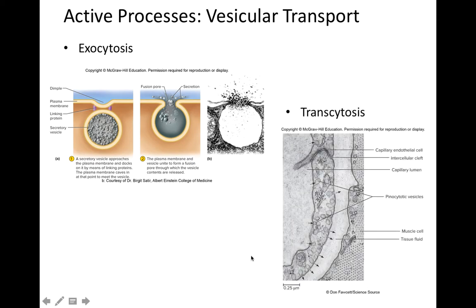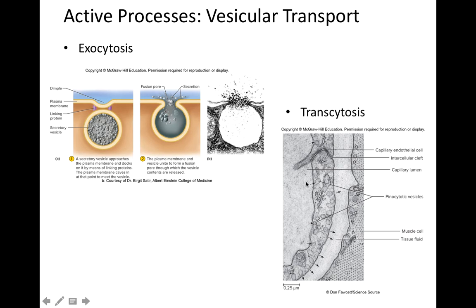Transcytosis combines endocytosis and exocytosis. So here what you're looking at is actually the cells that make up the wall of a capillary. And this would be your blood, and this is a muscle cell. So here you can see that there are vesicles that are moving in to this cell on the blood side, and then they fuse on the opposite side, releasing the contents to your muscle.